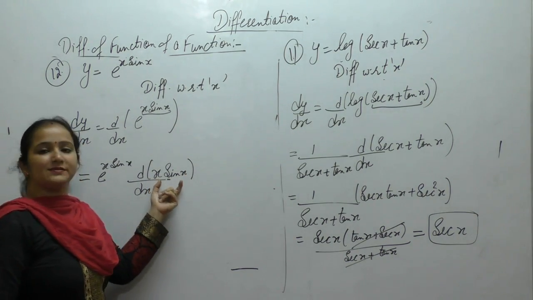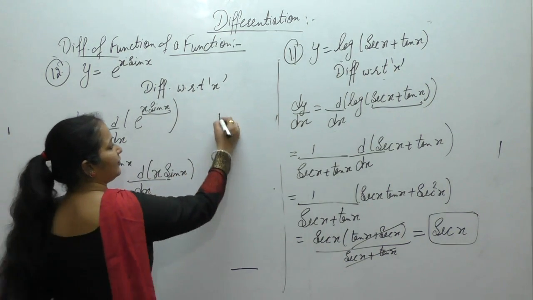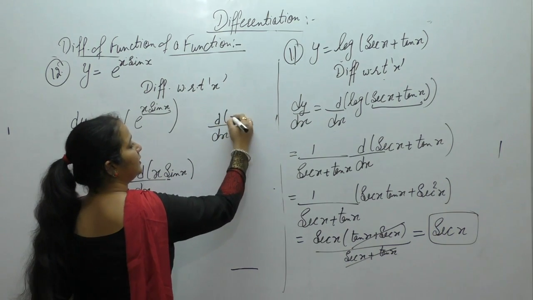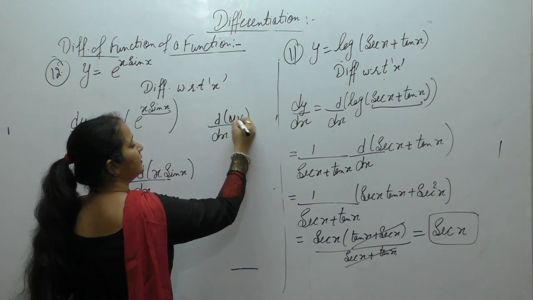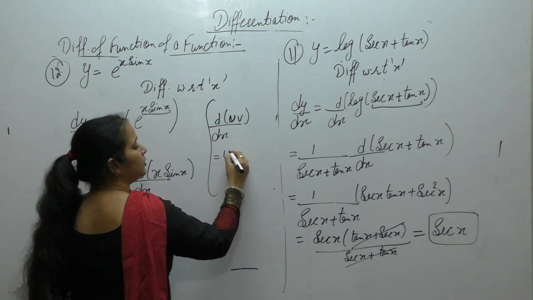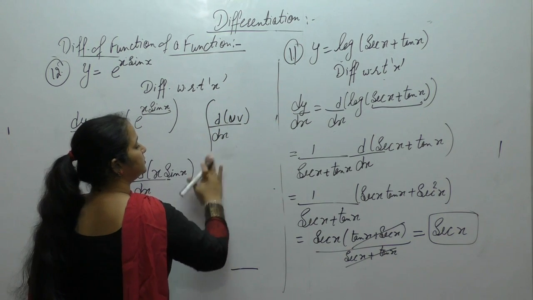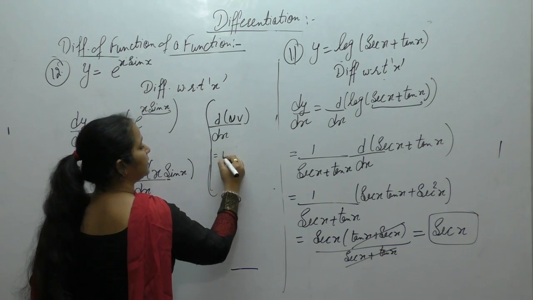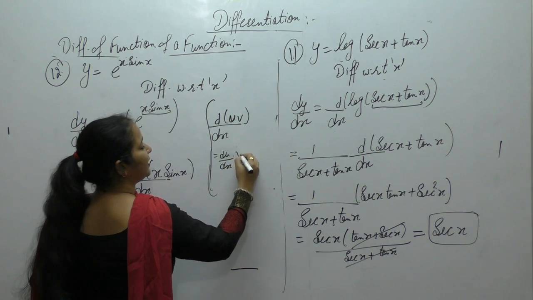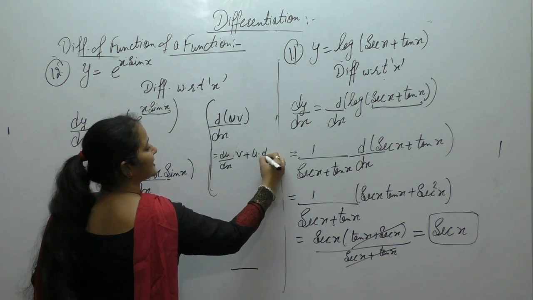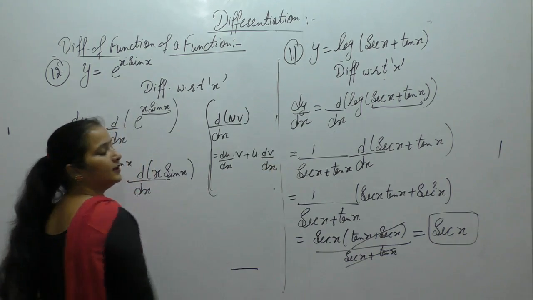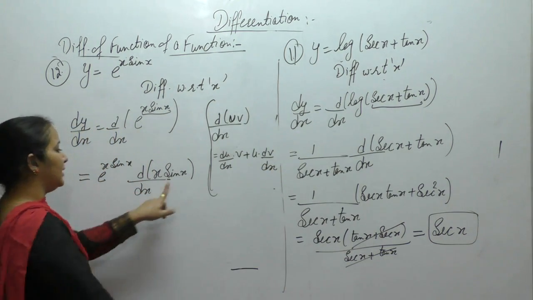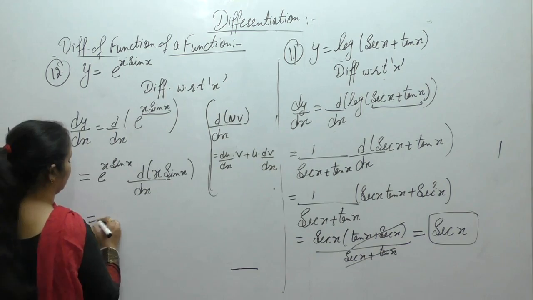Now these two terms are in product, so we have to apply the product rule. u into v: derivative of u, du by dx, into v plus u as it is into derivative of v. This is the product rule. We have to apply this rule here.